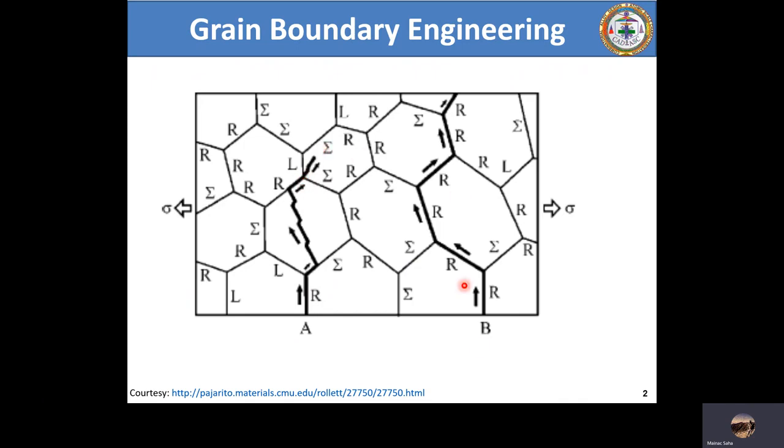Second, if you look at point B, we again see a crack propagating along R, a random high angle boundary, reaching a triple junction with R and sigma. But sigma has a much lower energy compared to the two R's.